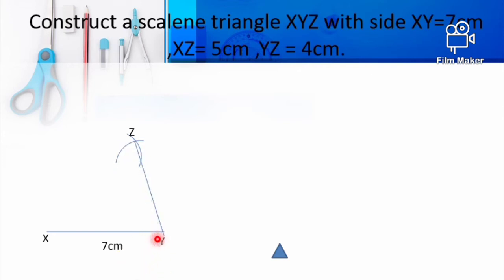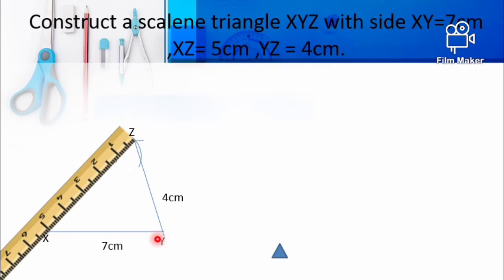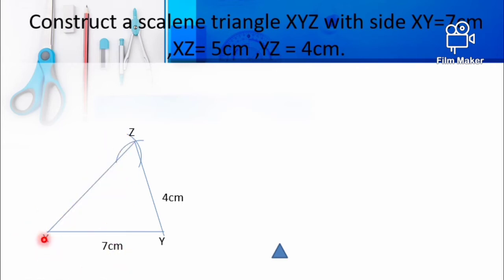Now this is the line of 4 centimeter, that is line YZ. Then join X to Z, it is of 5 centimeter, XZ is of 5 centimeter. Then this is a scalene triangle with all different sides.